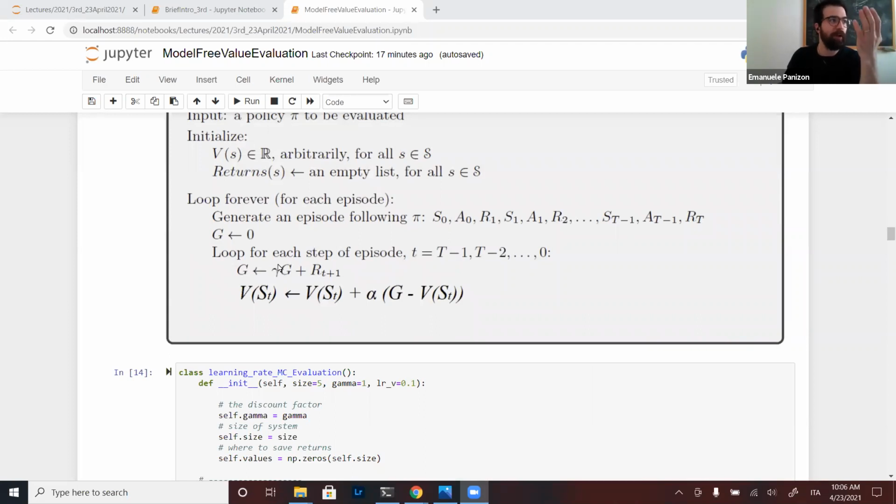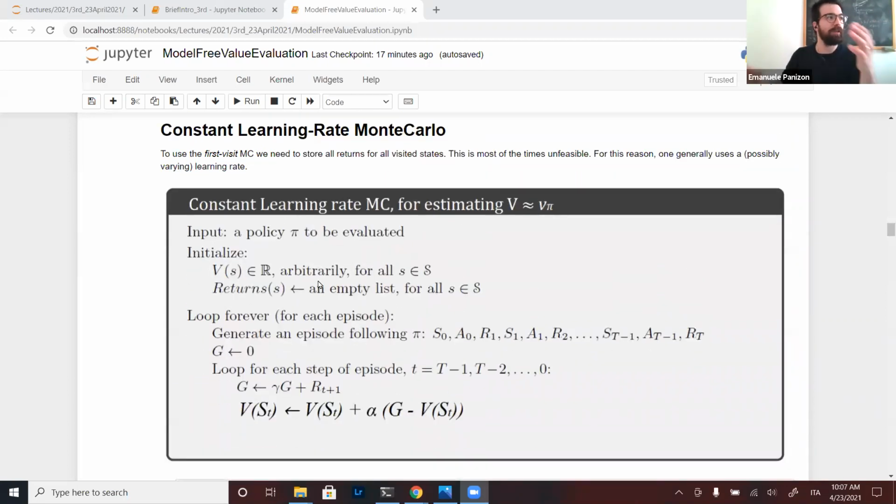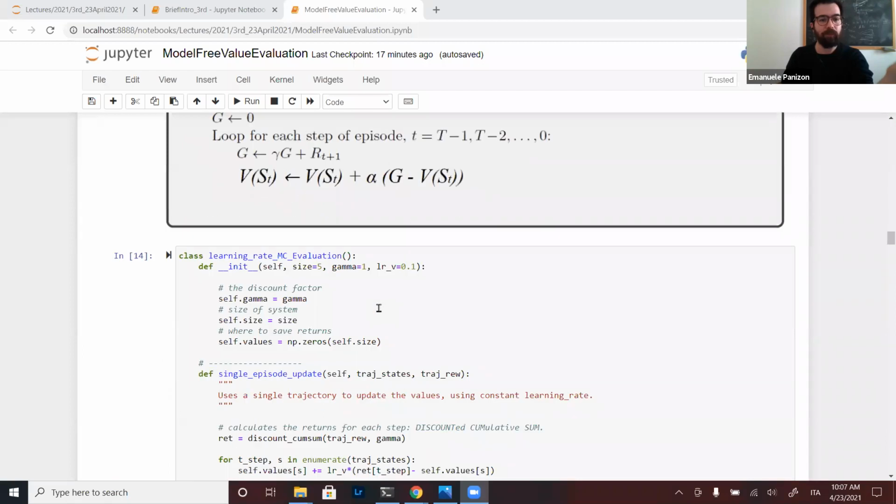So in a sense, our value is the expected return, the complete return, the discounted sum to infinity, and the algorithm takes the returns it sees and tries to average them out in order to evaluate the value.